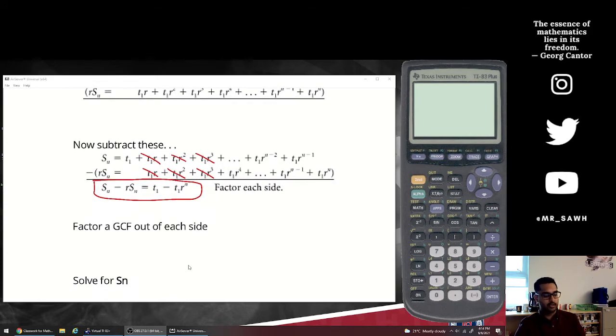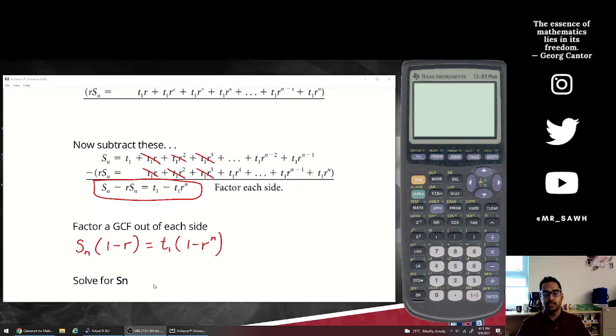Now, if you factor both sides to reduce this a little bit, if you factor a greatest common factor out, on the left side we can take out a factor of Sn, so we're left with 1 minus r. That's going to be equal to, if I factor out t1 on the right side, 1 minus r to the power of n.